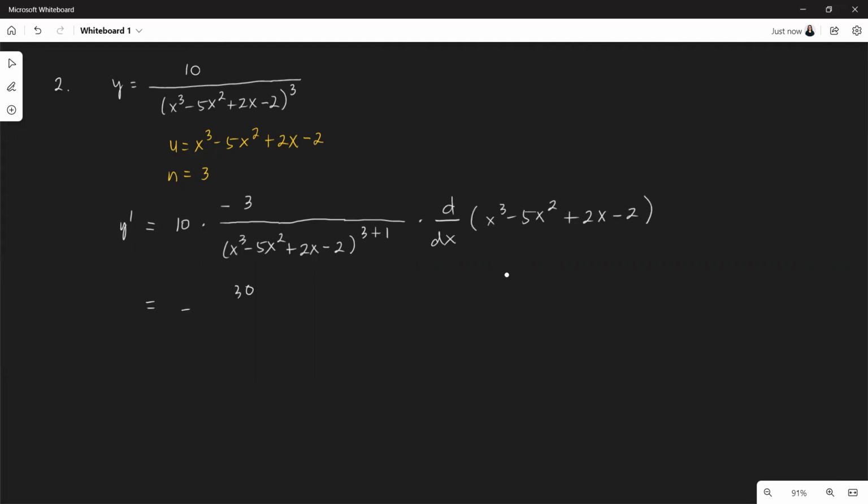10 times 3 is 30 over x cubed minus 5x squared plus 2x minus 2, quantity raised to the power of 4, and then the derivative of this one. The derivative of x cubed using the power rule is 3x squared. Copy the exponent and then reduce the exponent by 1, then minus 5 times the derivative of x squared, which is 2x, so that's 5 times 2x, or that's 10x.